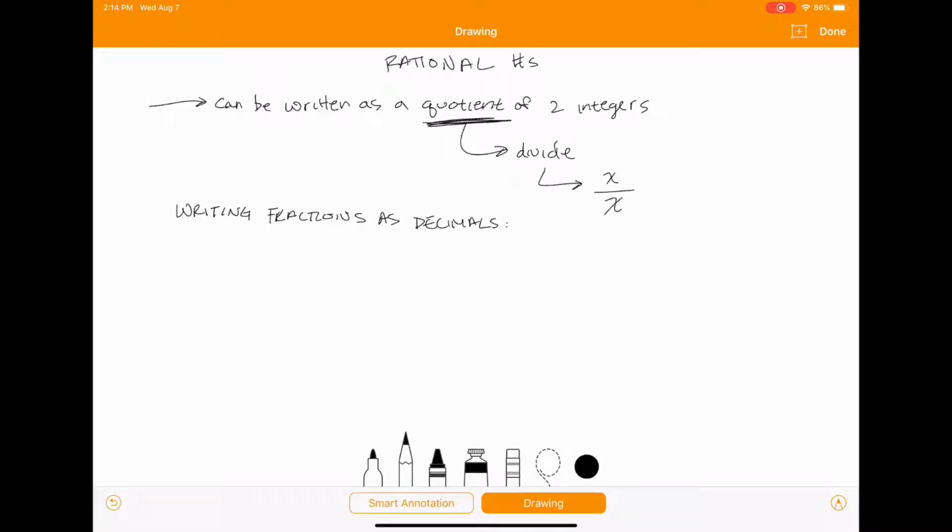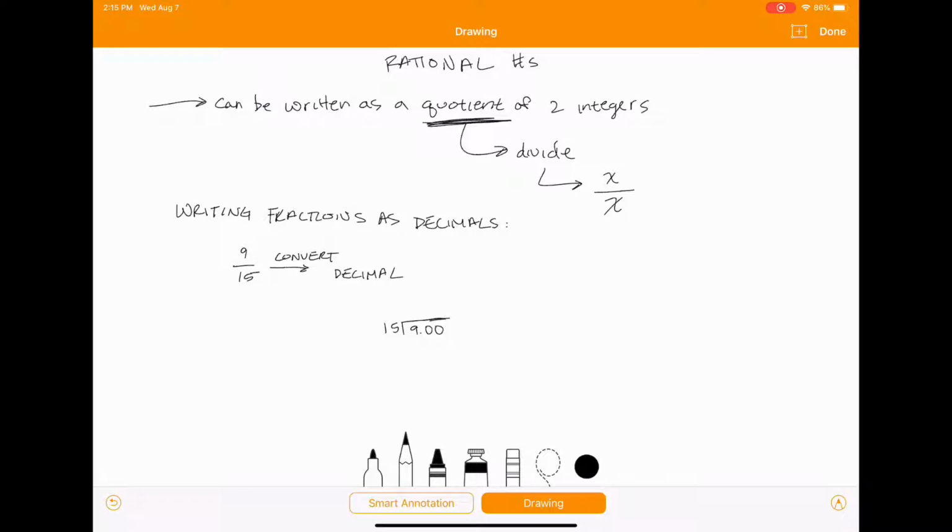So if you have a fraction, we'll say 9/15, and you want to convert that to a decimal, what you're going to do is just perform some division on this. So 9 divided by 15. We're only going to go out 2 decimal places for this.